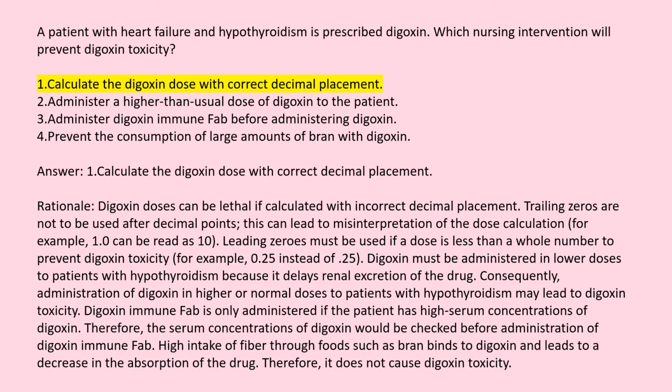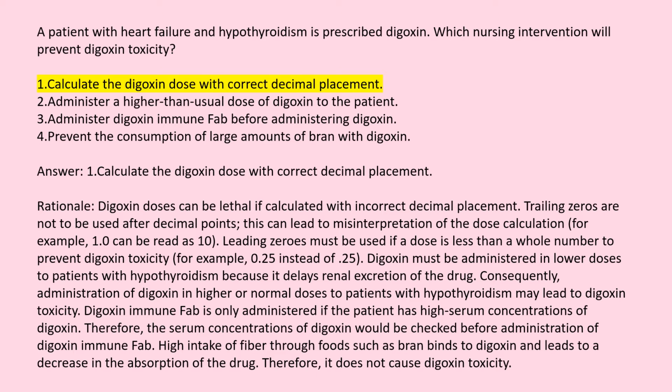0.25 instead of .25. Digoxin must be administered in lower doses to patients with hypothyroidism because it delays renal excretion of the drug. Consequently, administration of digoxin in higher or normal doses to patients with hypothyroidism may lead to digoxin toxicity.